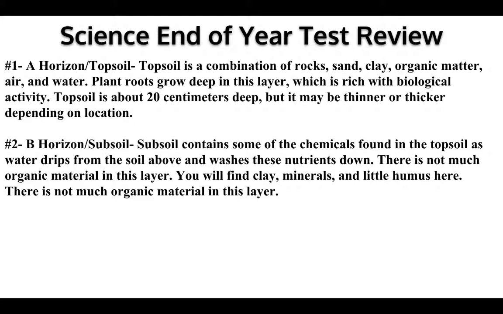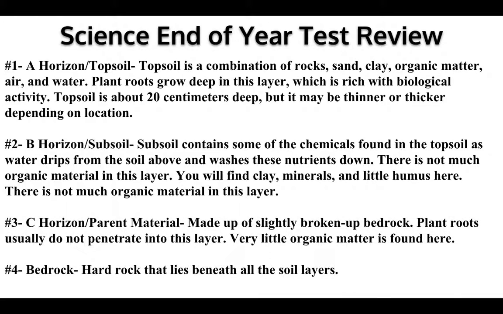Again, there is not much organic material found in this layer. Okay. Next horizon is C horizon, or parent material. This is made up of slightly broken up bedrock. Plant roots usually do not penetrate this layer. Very little organic material or matter is found here. And then the fourth and final layer is bedrock, and it's hard rock that lies beneath all the soil layers.